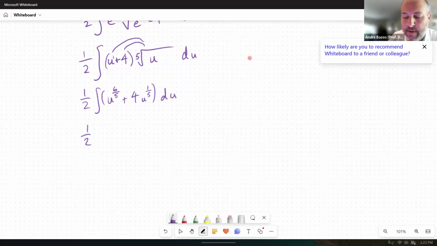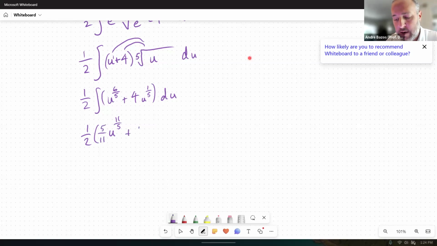So this is 1/2 times u to the, well, I need to spread that out a little bit more. Taking the integral now, applying the antiderivative. So I add 1 to 6/5, and 1 in fifths is 5/5 plus 6/5 is 11/5. But I have to divide by 11/5, which would be like multiplying by the reciprocal, 5/11.